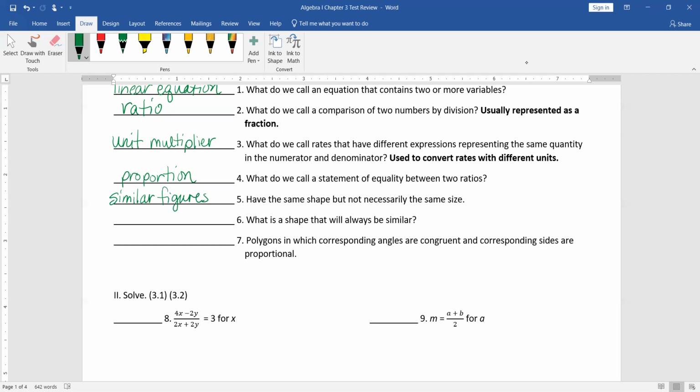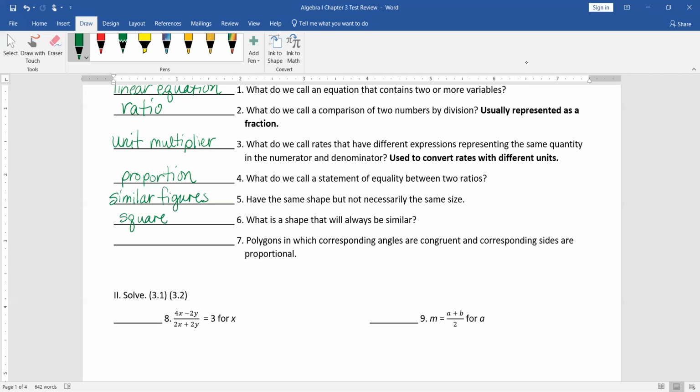And an example of that, a shape that will always be similar, is a square. A square is really the only one, well, there's also a circle, but triangles can always have different angles. So they would not be similar because those angles can be very, very different.